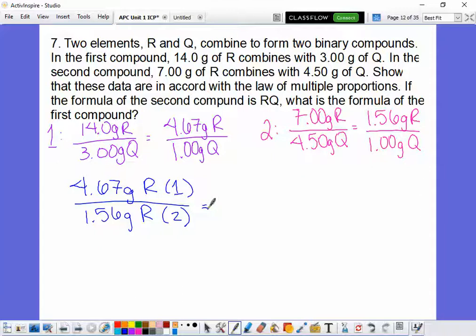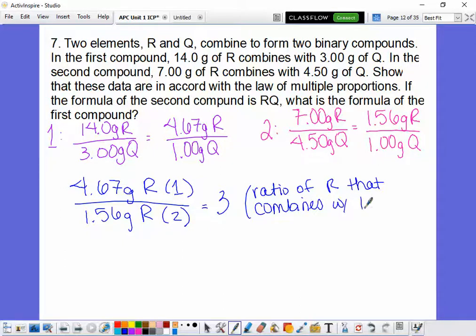And what is that? 3. So essentially 3, right? So this is the ratio of R that combines with 1 gram of Q. Right. So if we know that compound 2 is RQ, right?